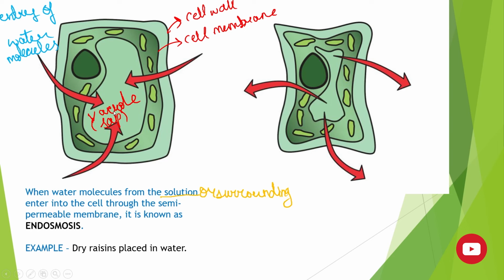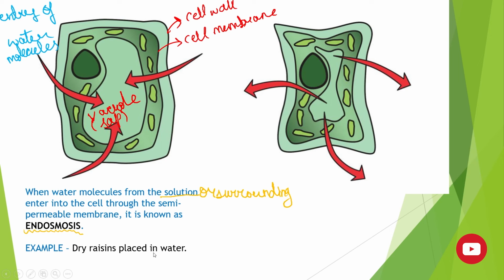Very simple to understand. Just from the surrounding, water molecules are entering into the cell, and that type of osmosis is referred to as endosmosis. It's not difficult to understand at all. An example of endosmosis in day-to-day life is when dry raisins are placed in water.